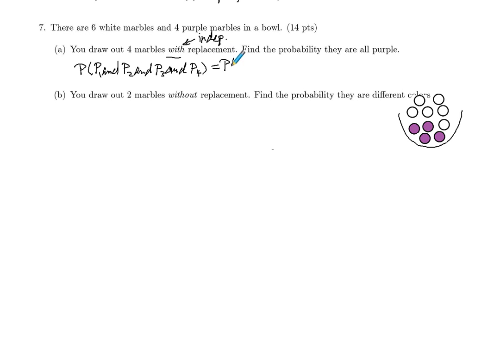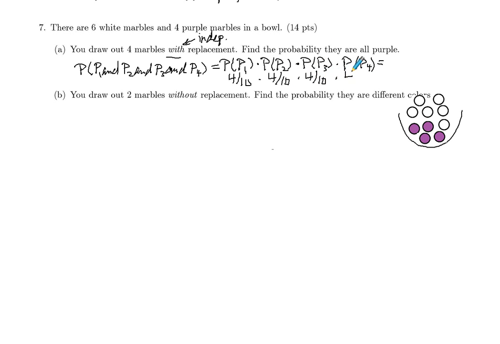So the probability of purple on the first times probability of purple on the second times probability of purple on the third times probability of purple on the fourth, which is going to be 4 tenths times 4 tenths times 4 tenths times 4 tenths.